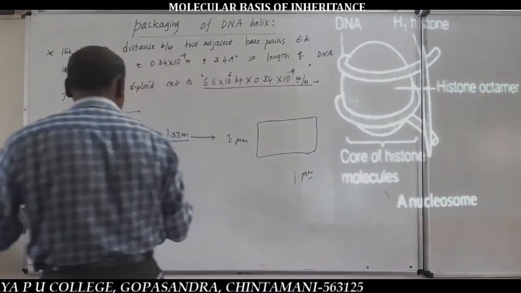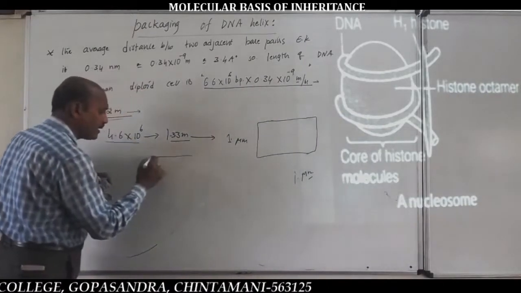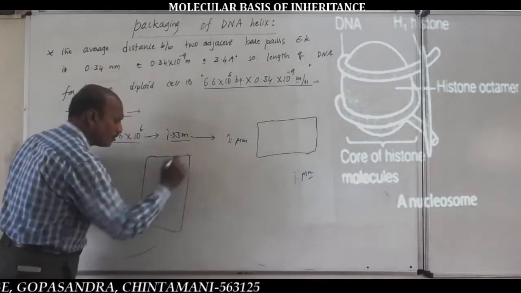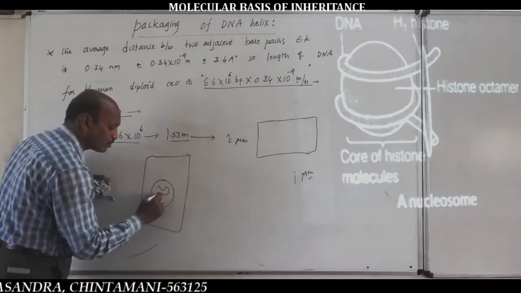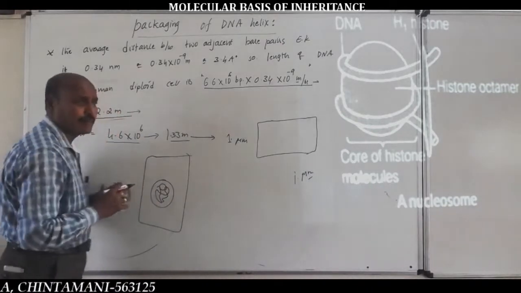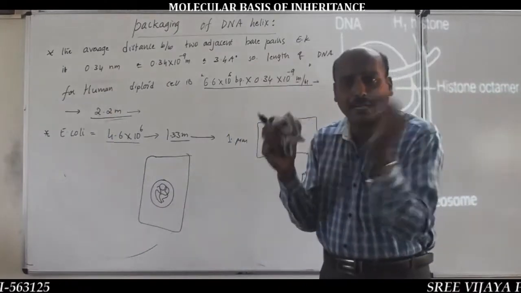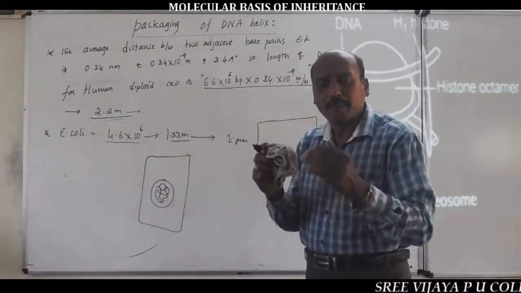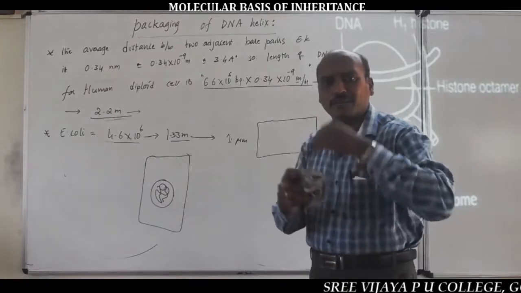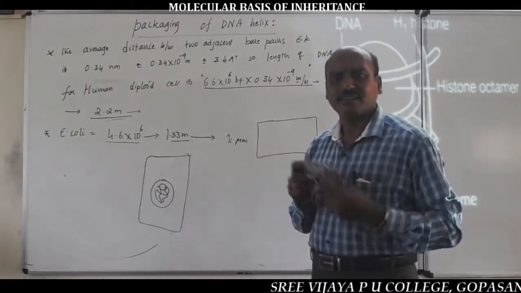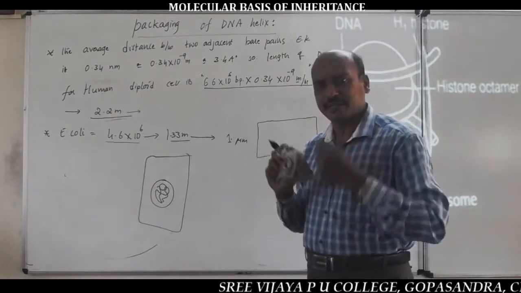You should remember, such longer DNA in prokaryotic cells or in eukaryotic cells gets accommodated by packaging or through compaction. Compaction means highly coiled DNA gets accommodated.